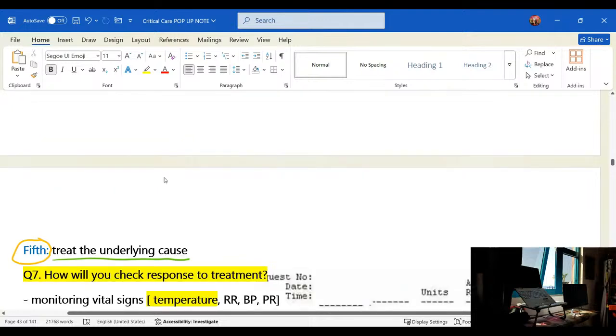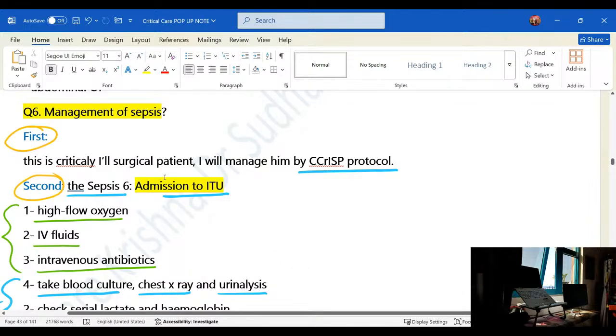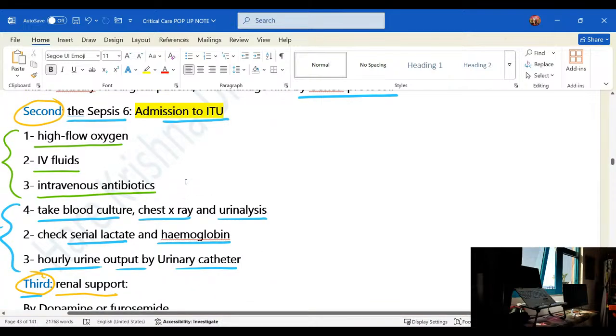Okay, so what will we do for an anastomotic leak patient? First, we'll inform my consultant and inform the ITU registrar. We'll admit the patient in ITU. We'll start the patient with high flow oxygen, IV fluid resuscitation, and intravenous antibiotic after discussing with the microbiologist and checking hospital policy.